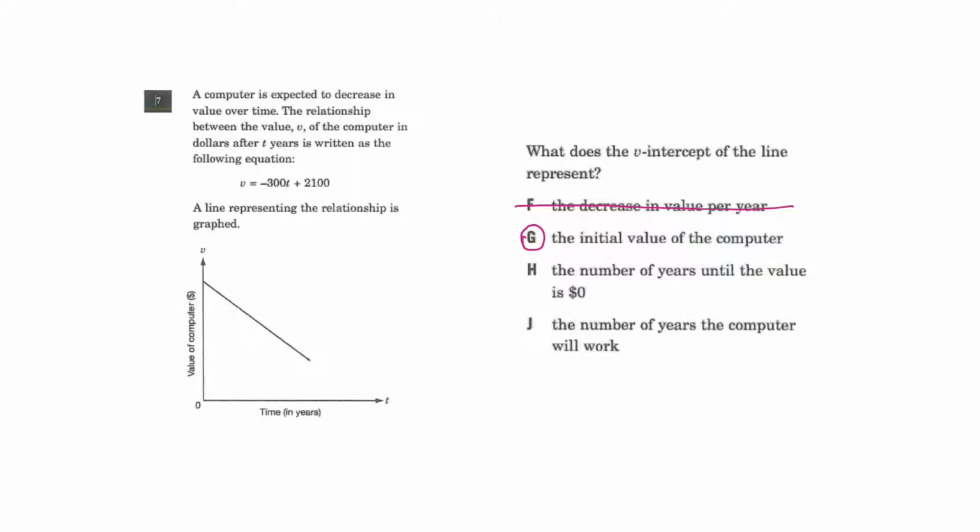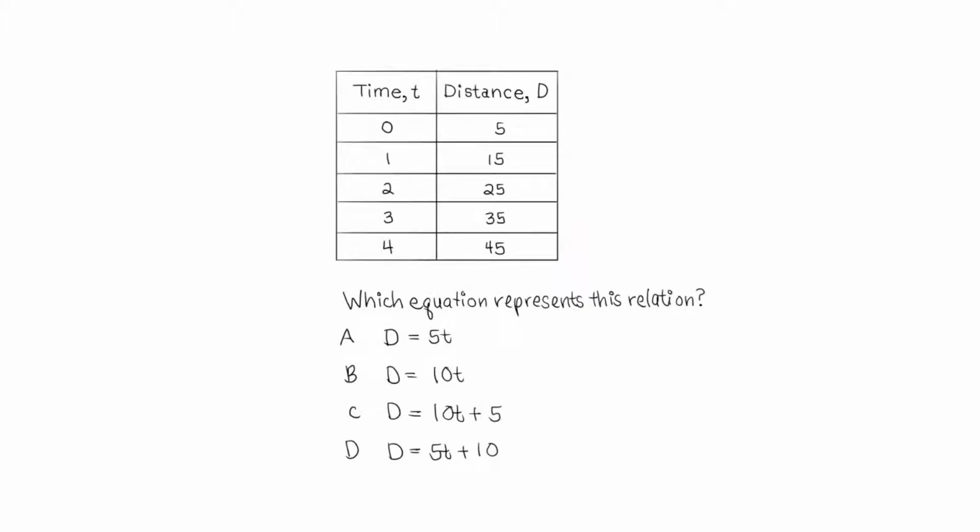It's not the number of years until the value is 0, that's wrong. The V-intercept is over here, so that's when time is 0. And the number of years the computer would work, this graph is nothing about that at all, so it has to be G.